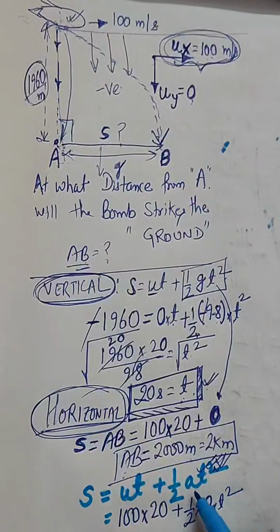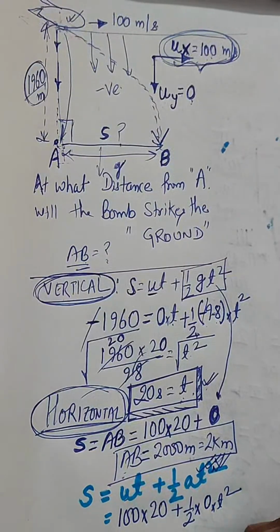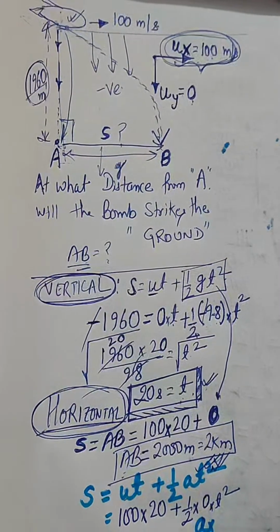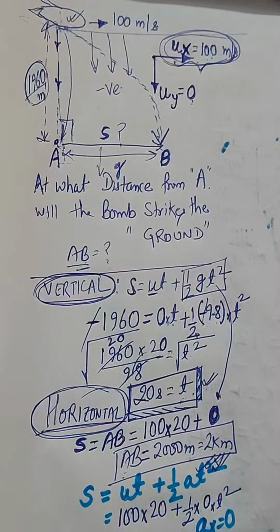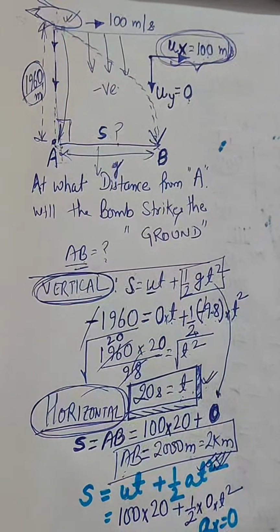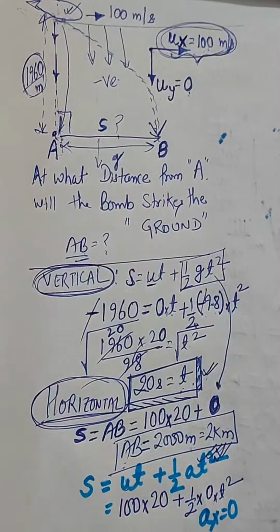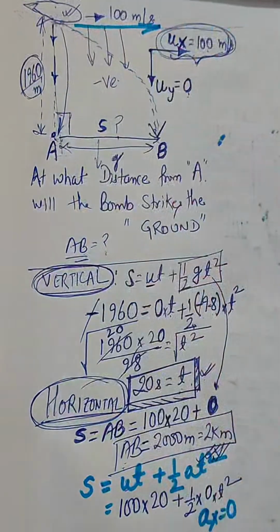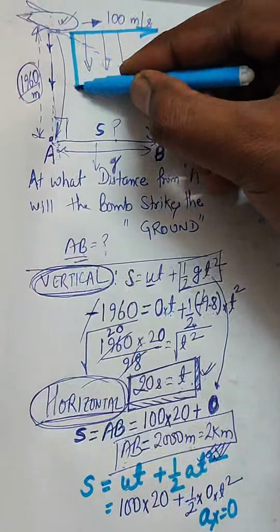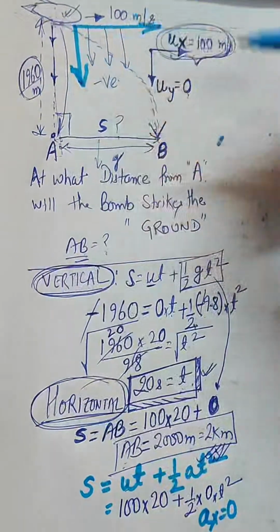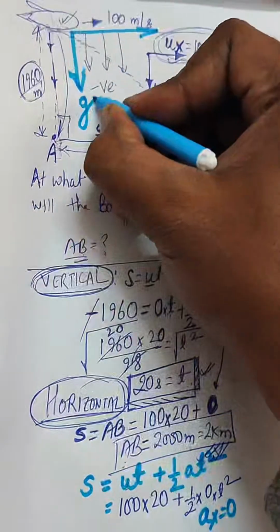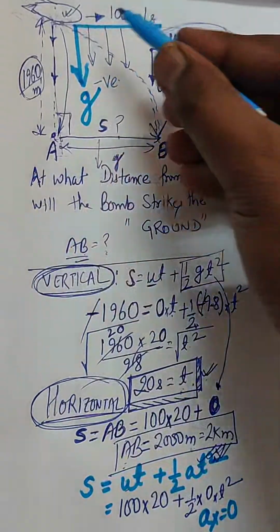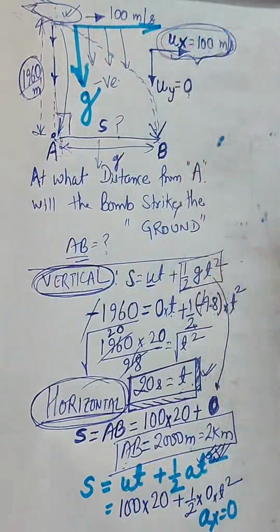Because the acceleration in the horizontal direction is 0. This we need to understand in the projectile question: no acceleration is acting in this direction. All the acceleration is acting only downward. So g will be acting over here, but no acceleration is acting in the right direction.